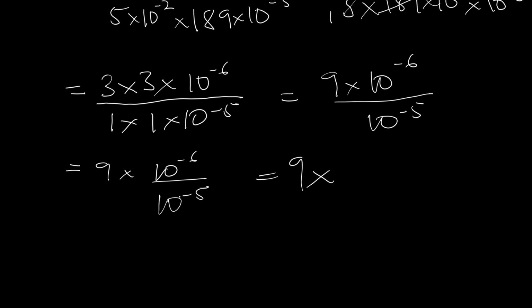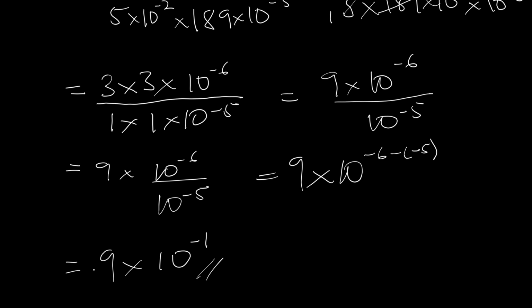In indices, when the bases are the same and they are dividing, we subtract the exponents. So we have 10 raised to negative 6 minus negative 5. Our final answer will be 9 times 10 raised to the power negative 1. This will be our answer in standard form.